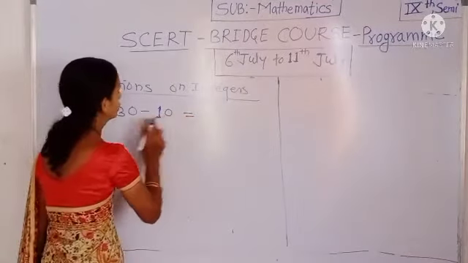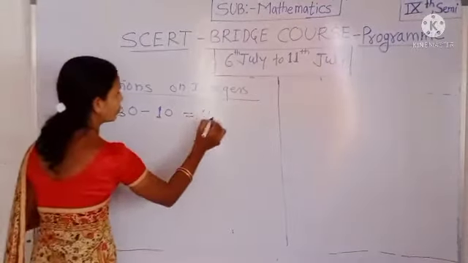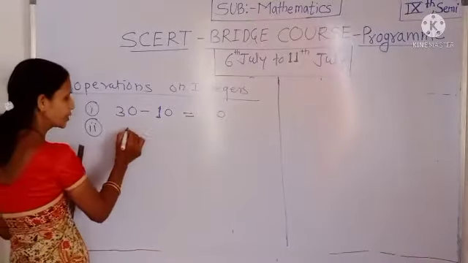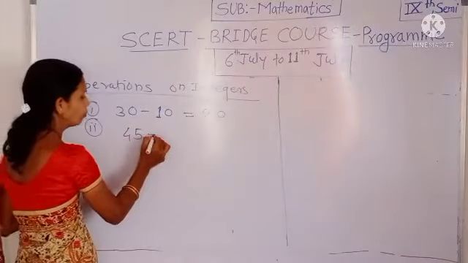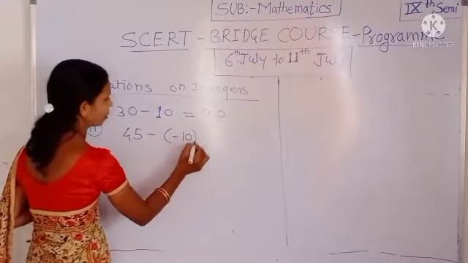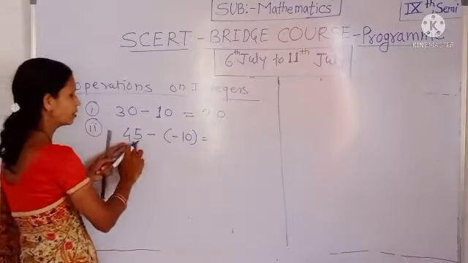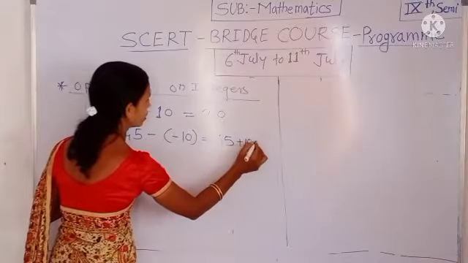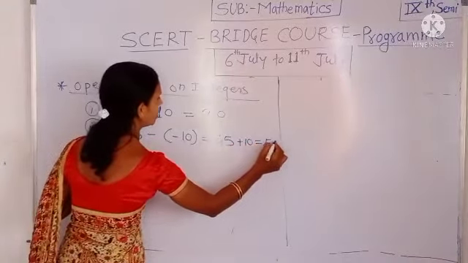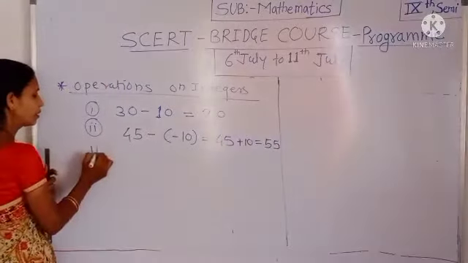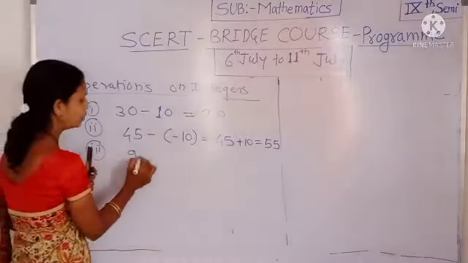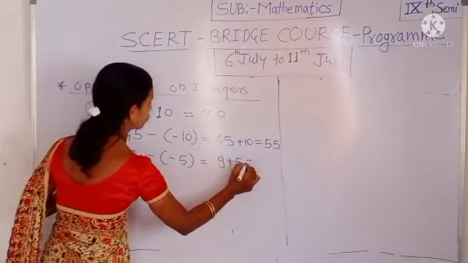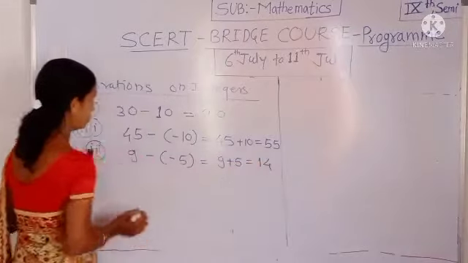Therefore we can do the subtraction, that is 20. Second one, 45 minus 10. Then we can write this as 45 minus 10, that means plus 10, that is 55. Third one, 9 minus 5, that means 9 plus 5, that is 14.